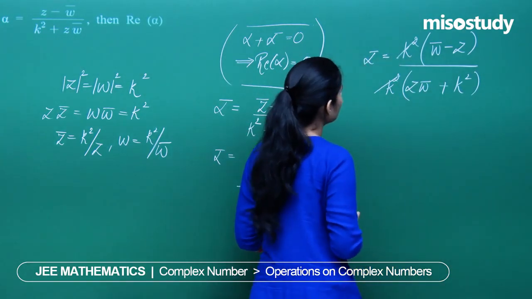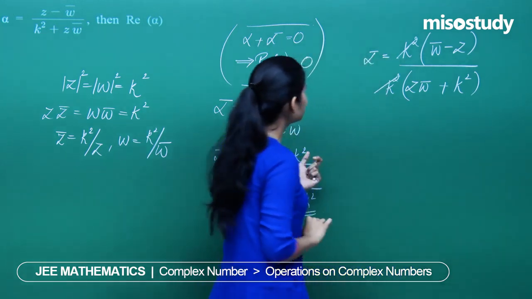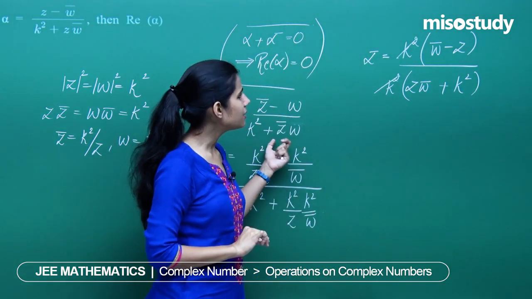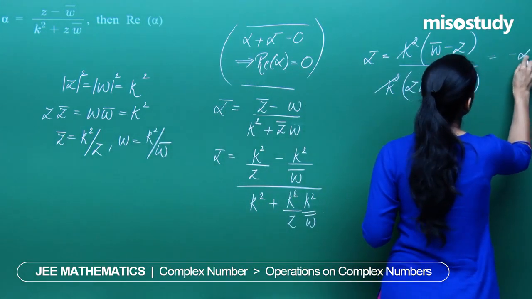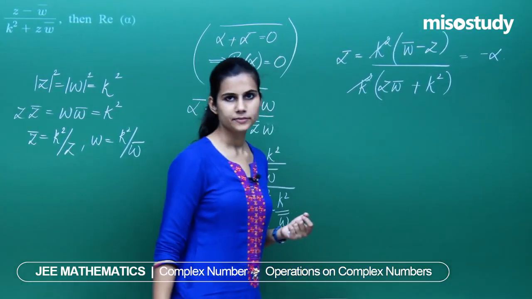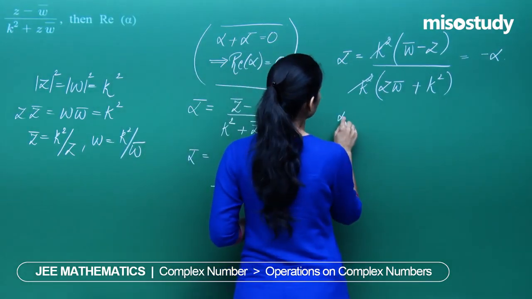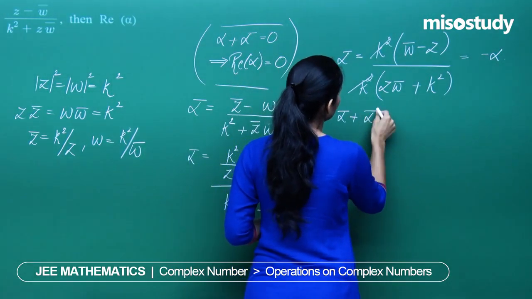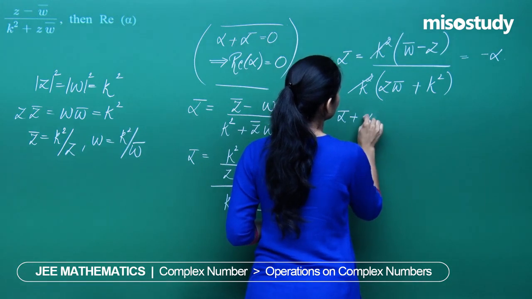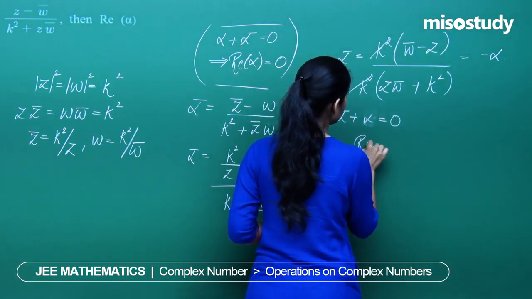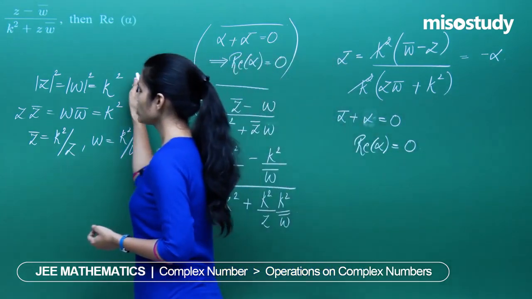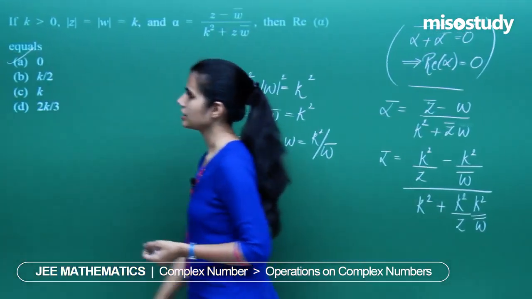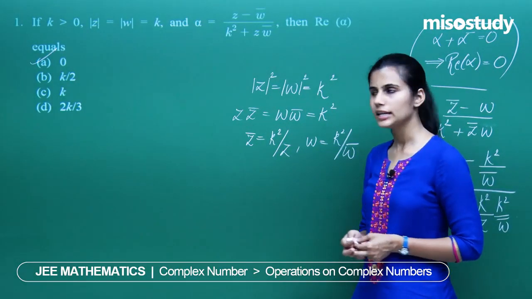This gets cancelled, you are left with w bar minus z upon z w bar plus k square, which is nothing but minus alpha. Once you get this, you have got alpha plus alpha bar is 0, which means the real part of alpha is 0, and the question was what is the real part of alpha, so your answer is that it is 0. Clear?